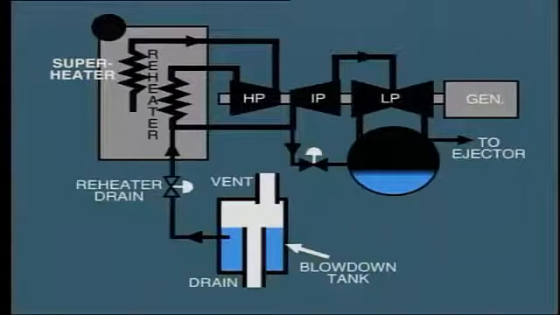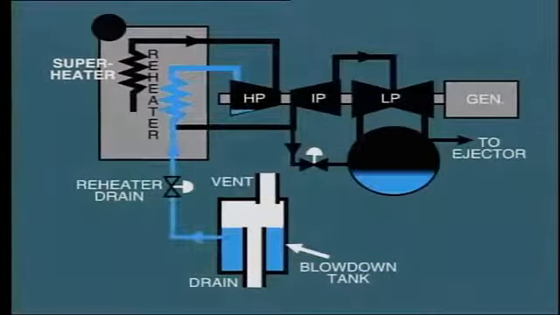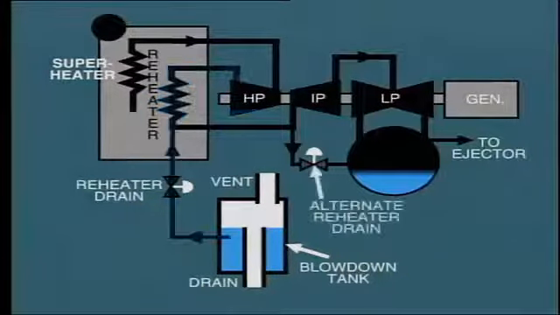You can see here potential for water from the blowdown tank being drawn backwards into the reheater and from here along into the turbine shell. To avoid this, the reheater drains would normally be connected to the condenser during the startup period. The connection to the blowdown tank would only be used to drain the horizontal reheater before lighting the boiler.